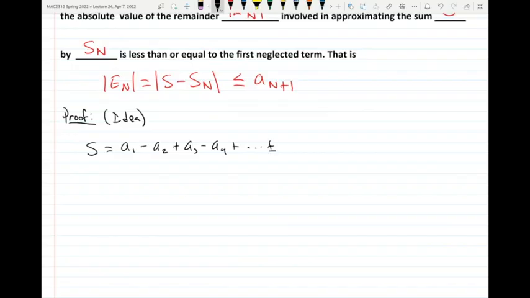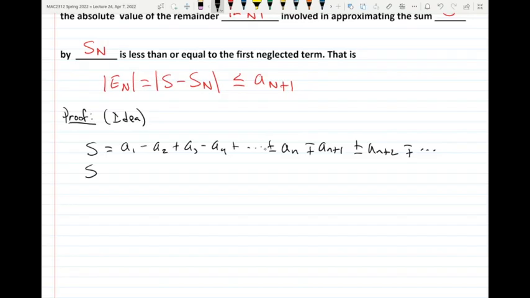And then let me write here, plus or minus AN. The reason why I write plus or minus is because, depending on what N is, it could be positive or negative. But then the next one is going to be minus plus. Do you understand the minus plus? What I mean is, if this guy is positive, then the next one is negative. This one is negative, and the next one is positive. Okay? And plus or minus, minus plus, and so on. That's what the actual S is.